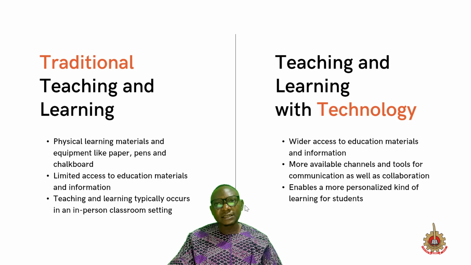Limited access in the sense that it has a limited number of students that such an institution can cater for at a particular point in time. Then the teaching and learning typically occur in an in-person classroom setting, which means you have to be physically present. Those are some of the characteristics of the traditional teaching and learning method, which we are all used to.